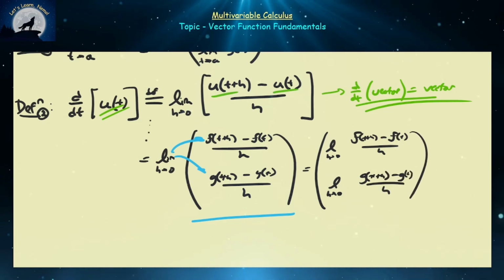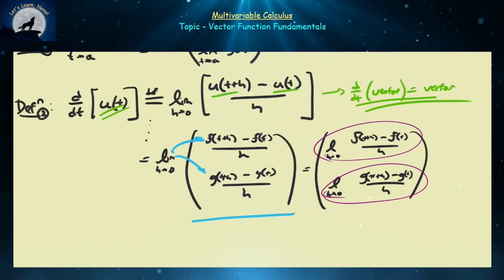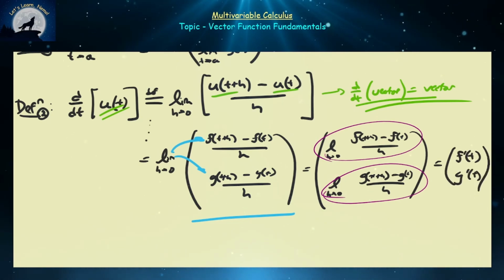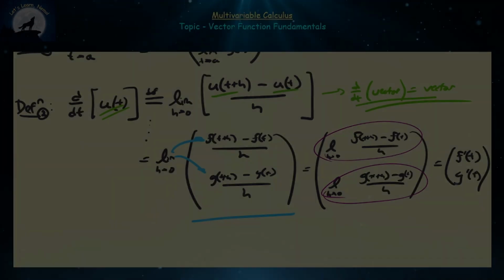And this precisely is the definition of the derivatives of f and g, assuming that they're actually differentiable functions. All right, so we have f prime of t and g prime of t. So that means the derivative of a vector will just be equal to the derivative of the components for that vector. And we could also say as a corollary that a vector function is differentiable if and only if its components are differentiable functions as well.